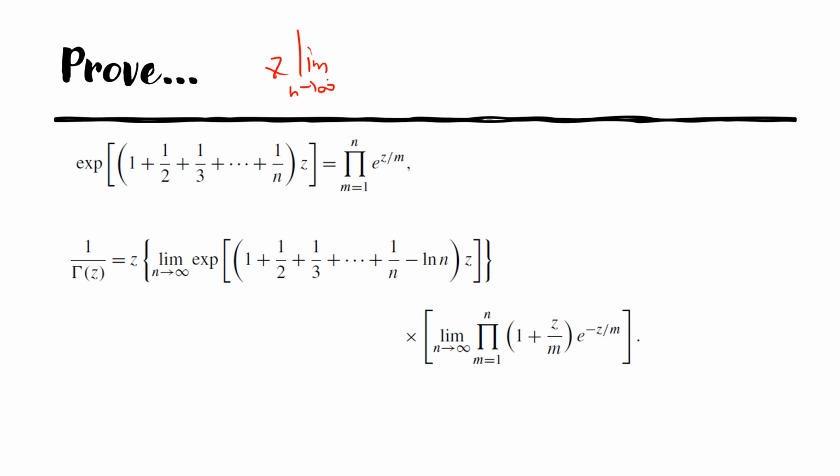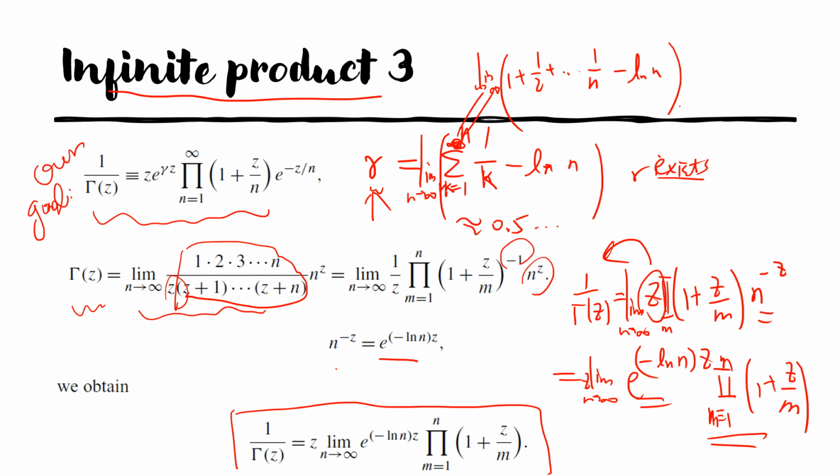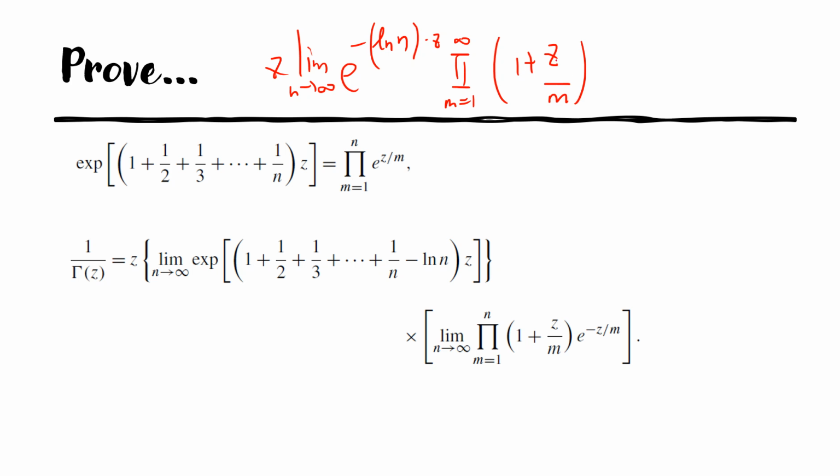This is probably the confusing point, so let me write it down carefully so everyone can see it. This is all we have. Now, this is just another representation: you take exponential of 1/2, 1 plus a half, 1 over 3, and 1 over n z can be written as this.